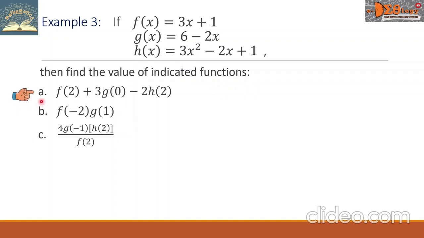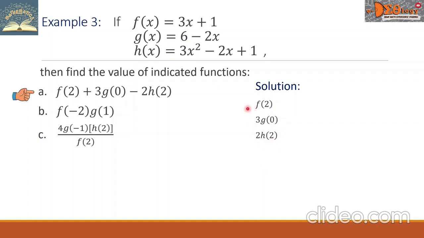Let's begin with problem A. We have f of 2 plus 3 times g of 0 minus 2 times h of 2. We're going to evaluate each of these functions. So we have f of 2, 3 times g of 0, and 2 times h of 2.